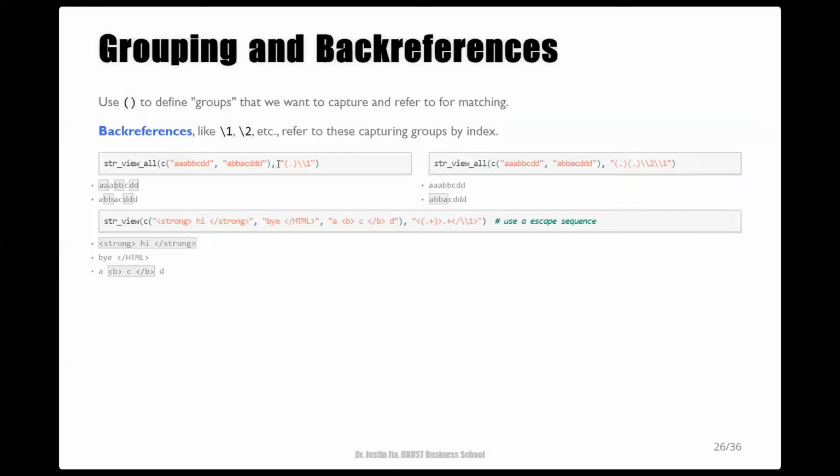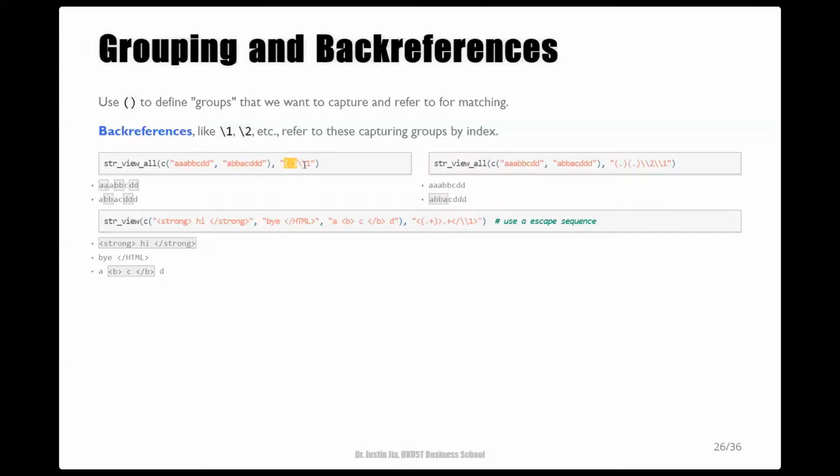For example, this regular expression expresses a pattern that finds all pairs of repeated characters. This is because the regular expression inside the parentheses will match a non-newline character and number the resulting capturing group 1. Then, we use this back reference to require a duplicate to follow this capturing group.